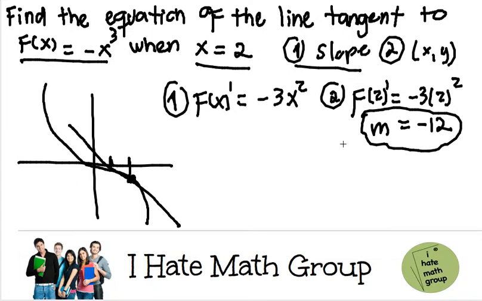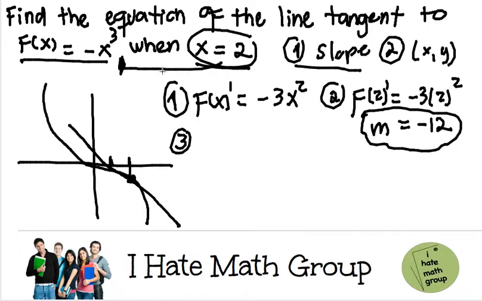But don't forget, in order to build the equation of the line, you need a slope and a point. I do have that x is equal to 2, but I don't have y. You need to go ahead and find y. How do I do it? Well, the third step, you're going to plug that 2 into the original function. Remember, when you plug it into the derivative, that's going to be the slope.